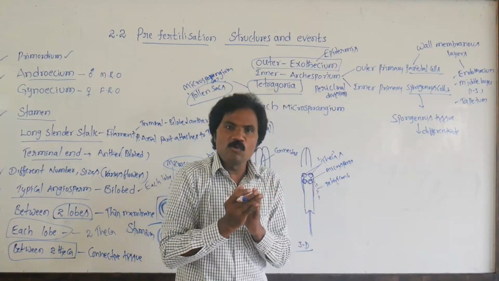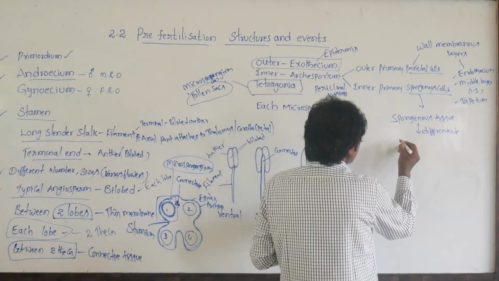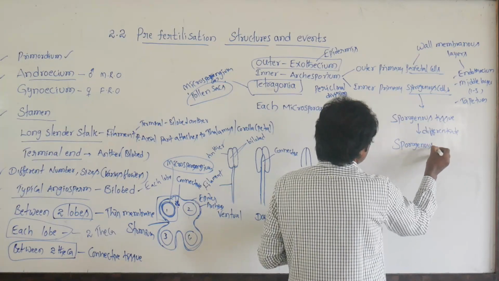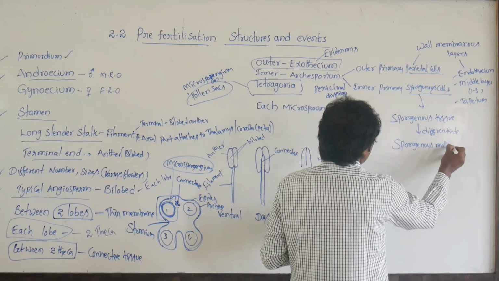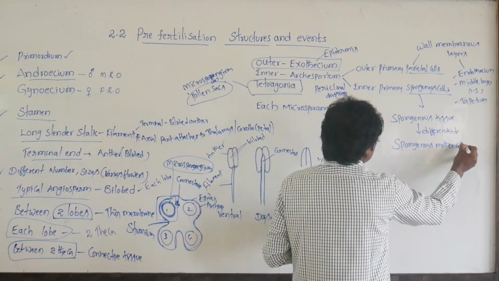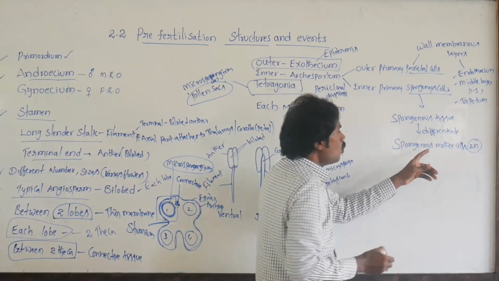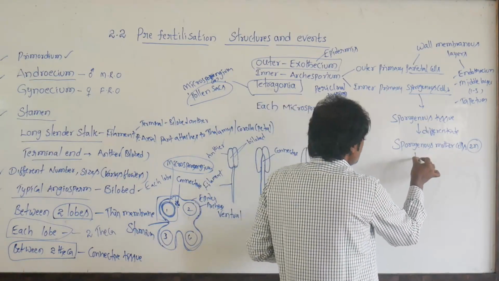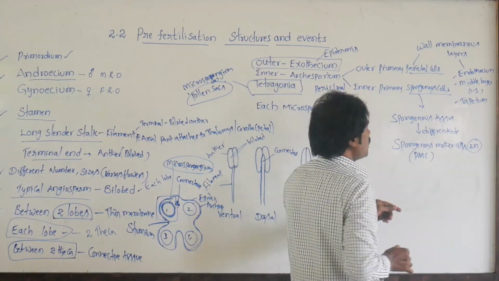Sporogenous mother cells. So this is an important exam point. What is the ploidy of the sporogenous mother cell, otherwise called the pollen mother cell?